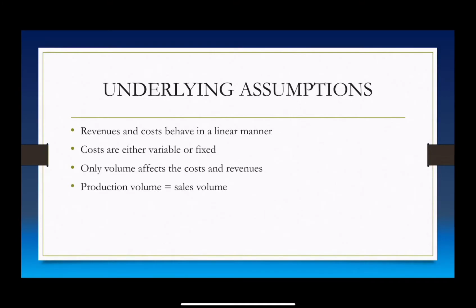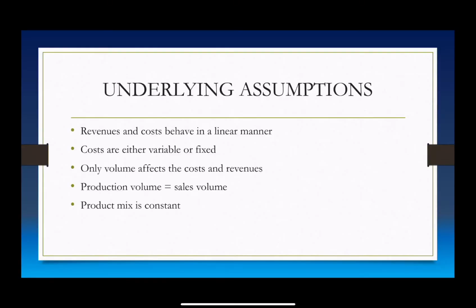Then, production volume is equal to the sales volume. In this case, we are going to assume that finished goods and work in process inventories do not change significantly. Then, product mix is constant. Normally, companies sell multiple products and the combination of these in terms of sales does not change significantly.